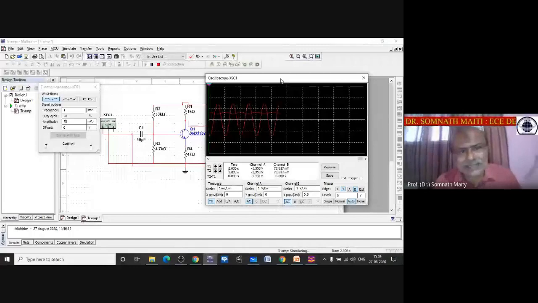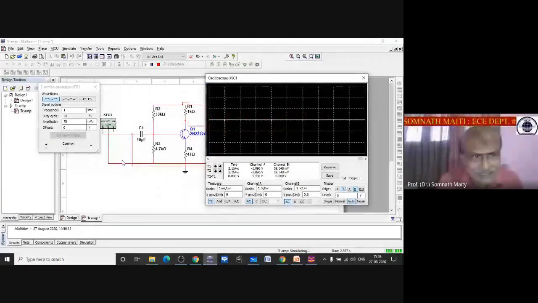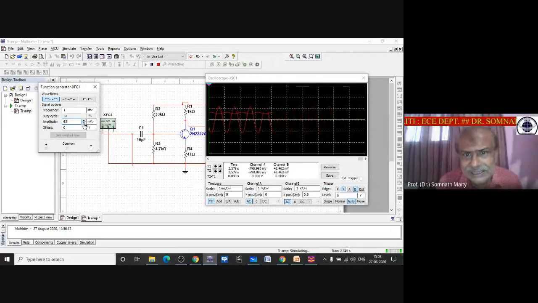This is the transistor as an amplifier. Now see, as you go on increasing or decreasing the input voltage, the output voltage will also change. Can you see?